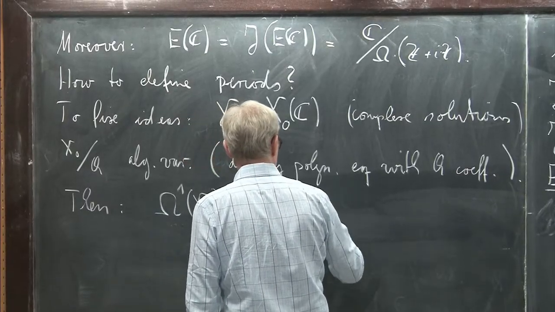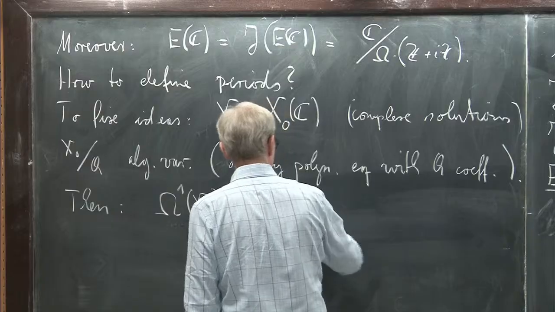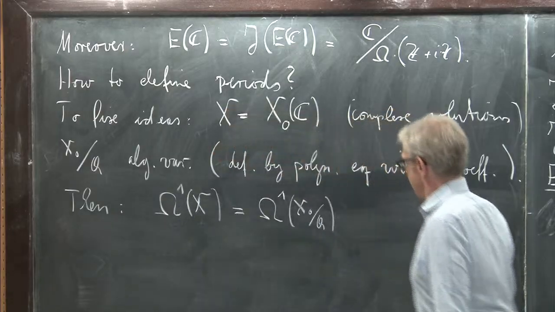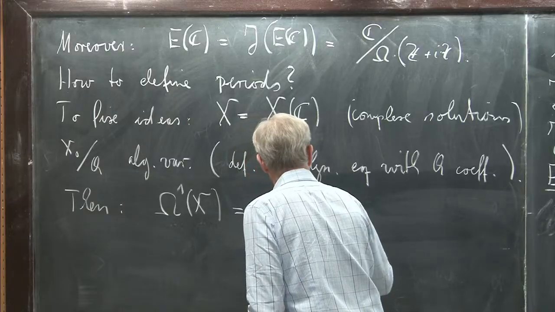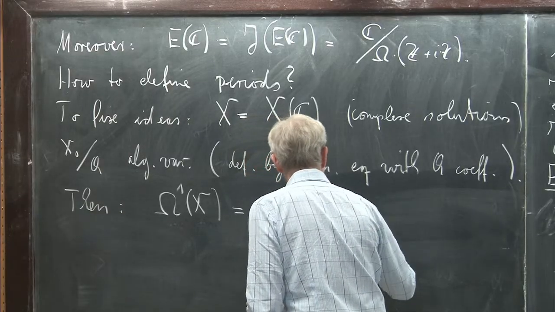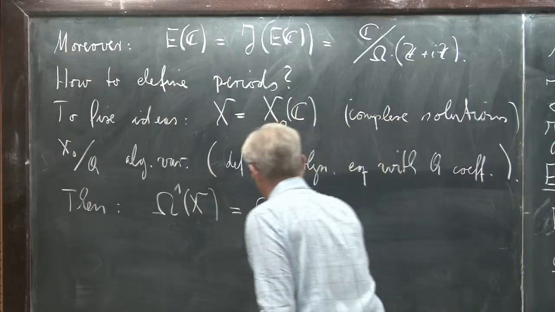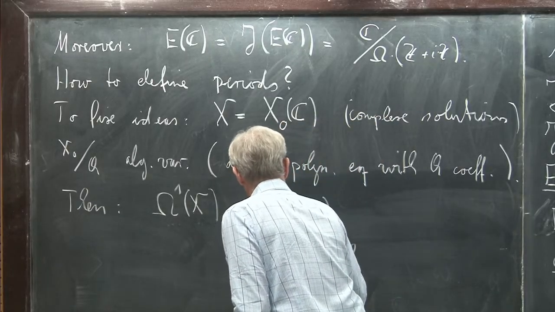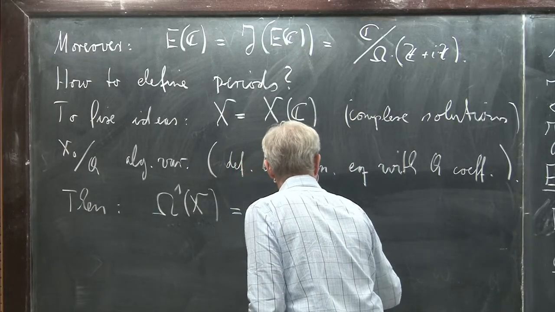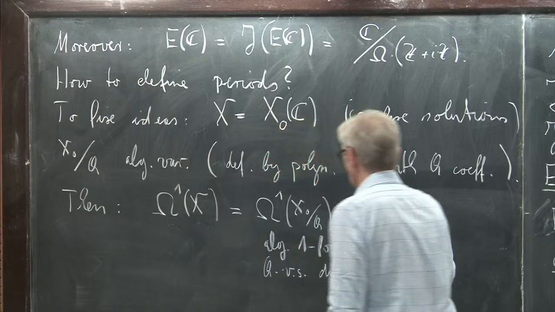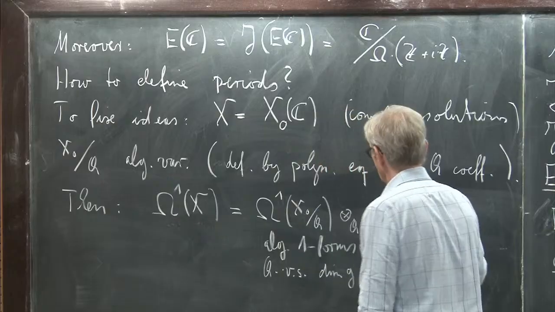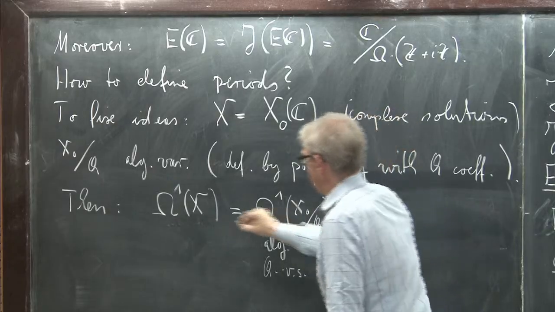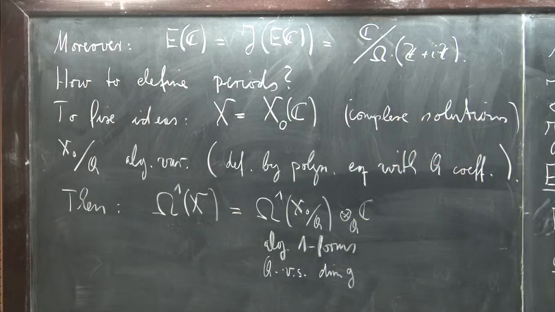And these algebraic one forms form a Q vector space of dimension, again, g. And if you extend the coefficients to C, then you get back the holomorphic forms.